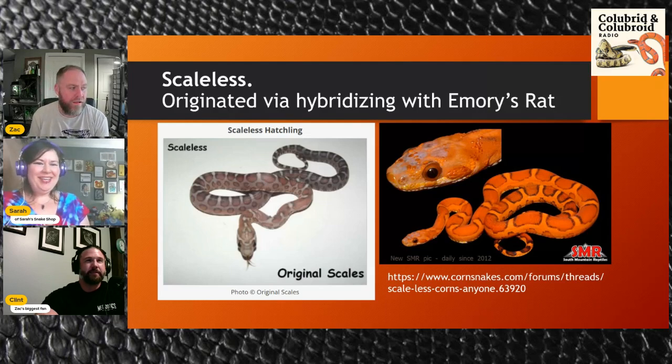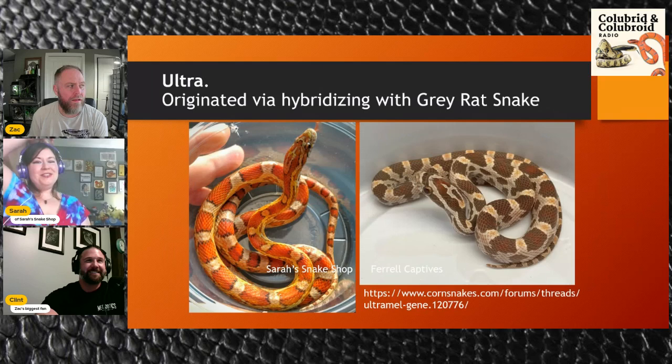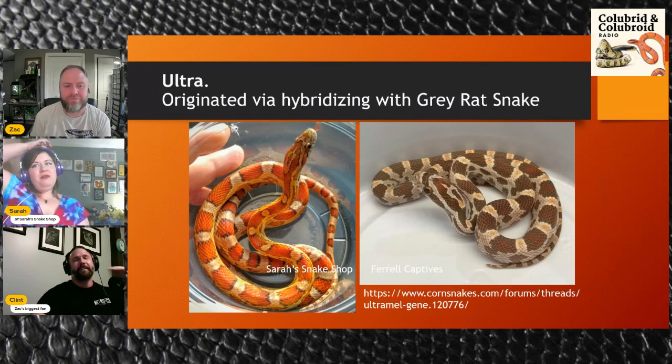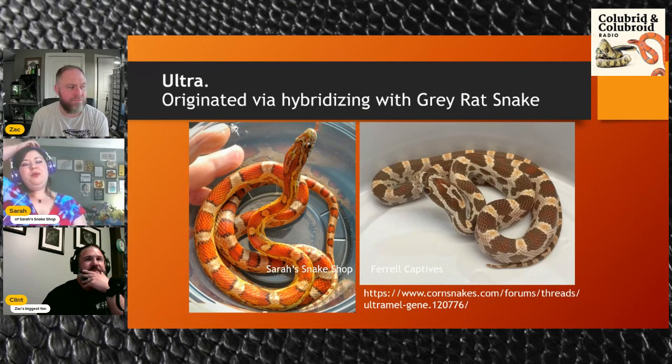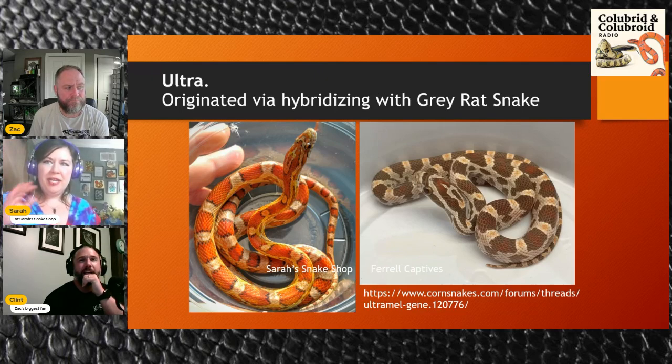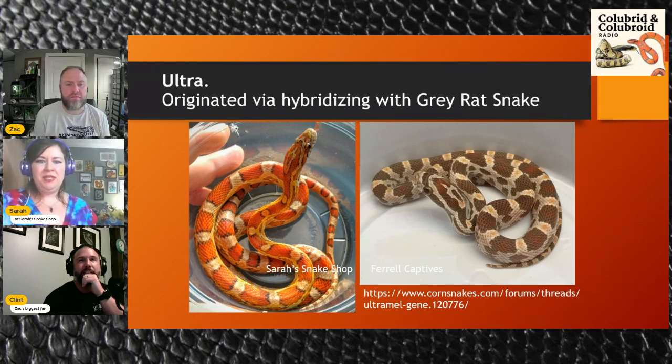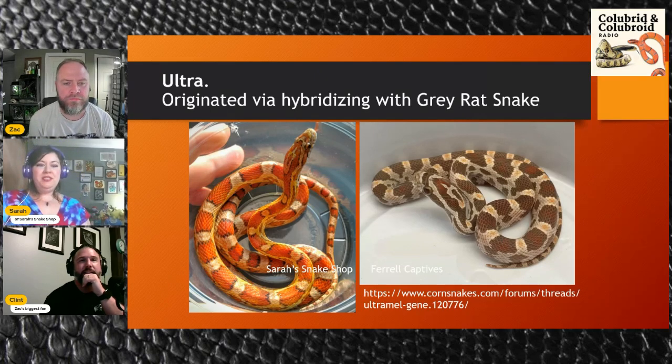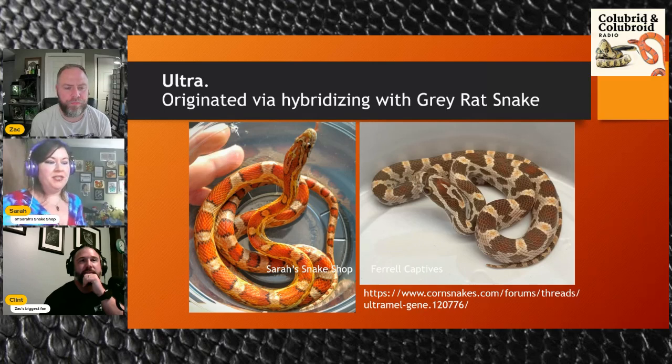Let's do it. Ultra. So Ultra was one of those kind of weird ones. This was the first actual allelic mutation that we had. Ultra is allelic with amelanistic, which confused the absolute crap out of everybody who was working with it for the first time, because up to that point, everything was just simple recessive, really nothing else.